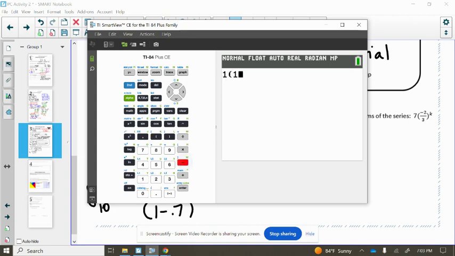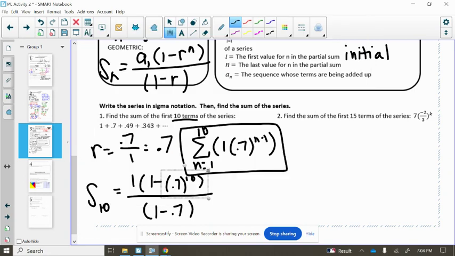First term, 1 minus our r value to the n power, which in this case, again, is going to be 10. And then we are going to divide that by, make sure you use parentheses here, 1 minus 0.7. Parentheses, and we have about 3.24 is approximately the sum that this will add up to be.